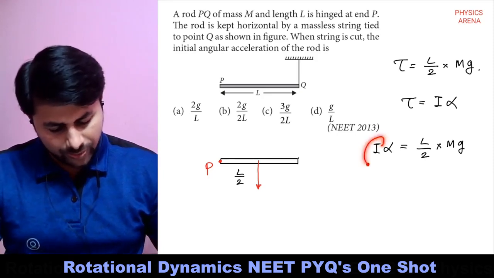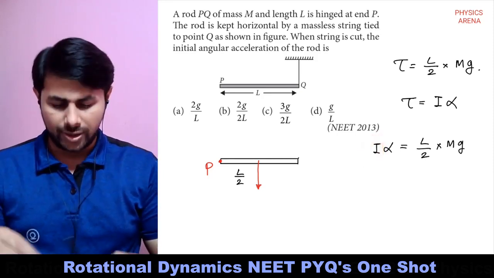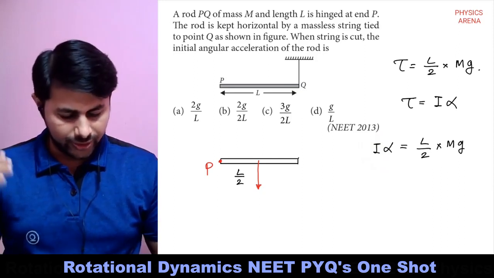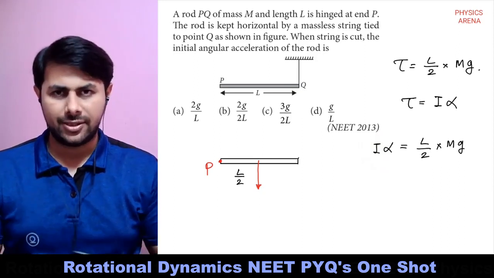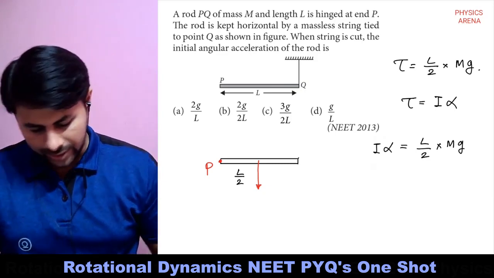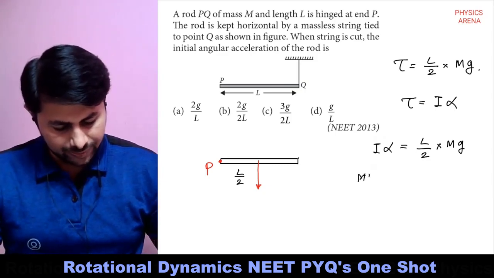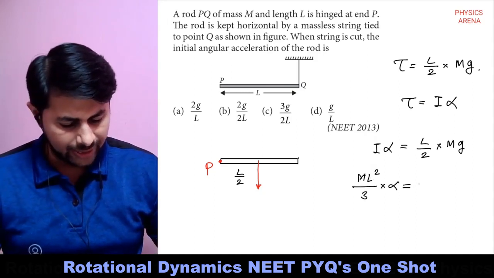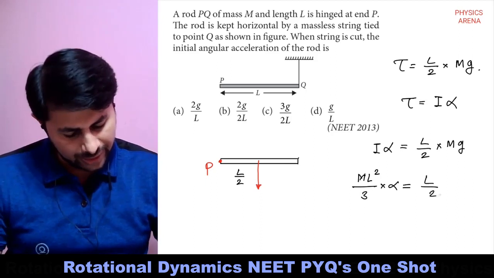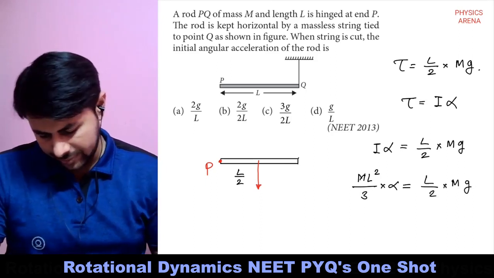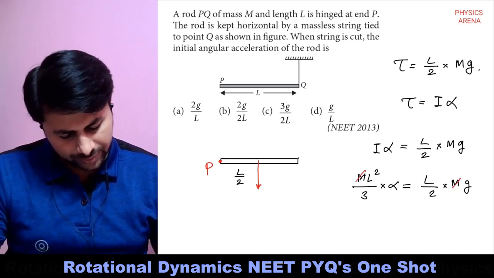So what is the formula for moment of inertia for a rod for the axis which passes through its edge? It is ml square by 3. Okay, it is equal to ml square divided by 3. So ml square by 3 multiplied by alpha is L by 2 multiplied by mg. So m gets cancelled.